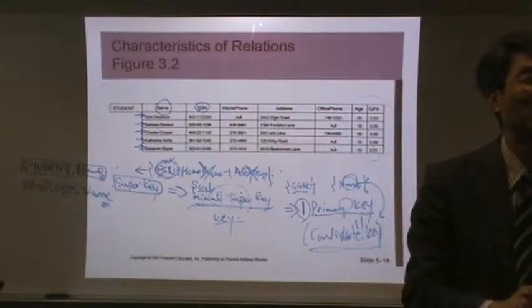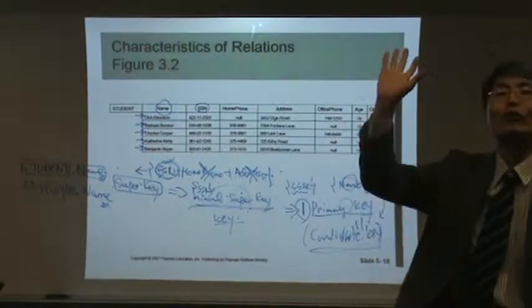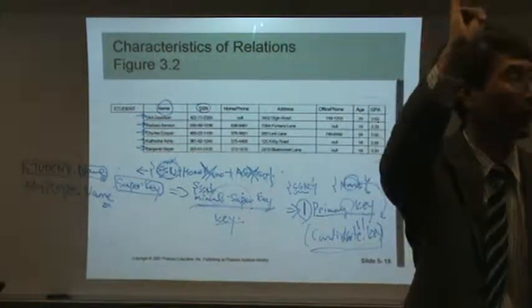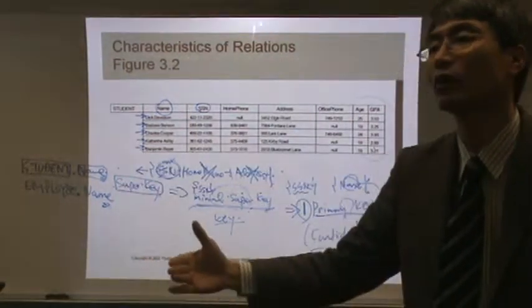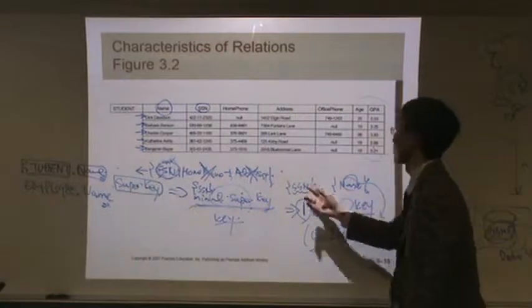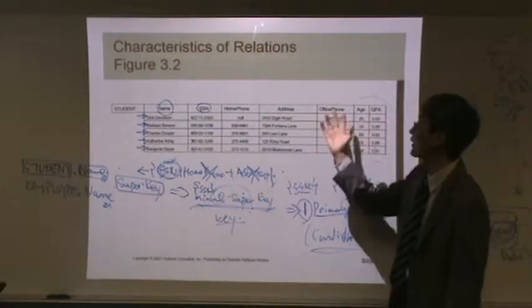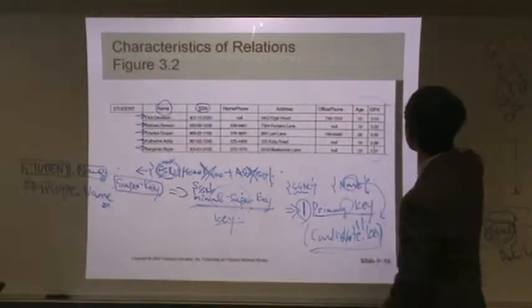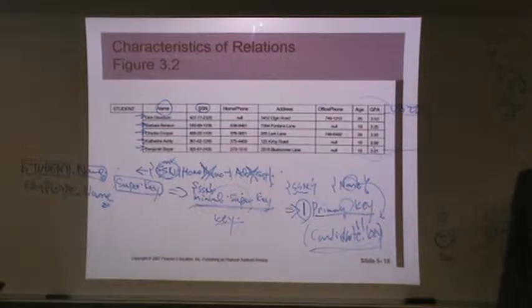That's your job. You need to decide based on requirements and application analysis. So there is no general way to decide which one is better. However, sometimes it's obvious. For example, what if we have a UBID as another one?